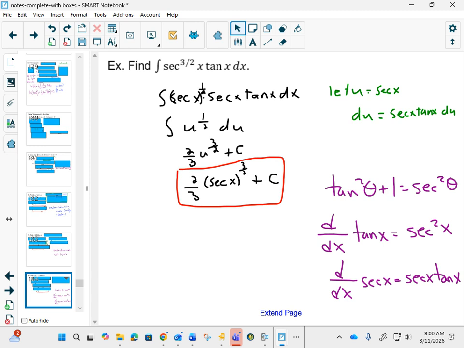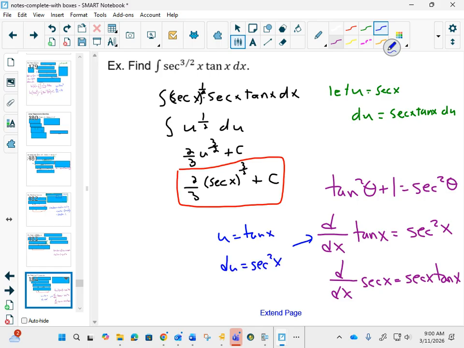Had you chosen the tan option, I'm going to just show you what it would look like to choose a wrong option. Okay? Had I chosen this as my u, if u equals tan x, then du would equal secant squared dx. And my original function, okay, I would need to get a secant squared in here.